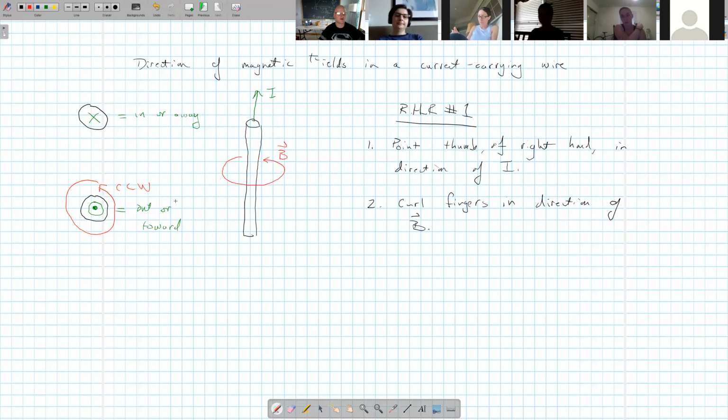So this would give me a counterclockwise magnetic field. As opposed to when it's doing the opposite, where I put my thumb pointing away from me and grab the wire. In that case, my fingers would curl around in the clockwise direction. So in this case, my magnetic field would go around in this direction, which would be the clockwise direction.